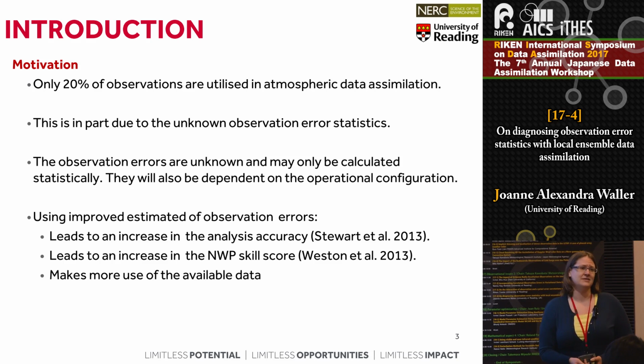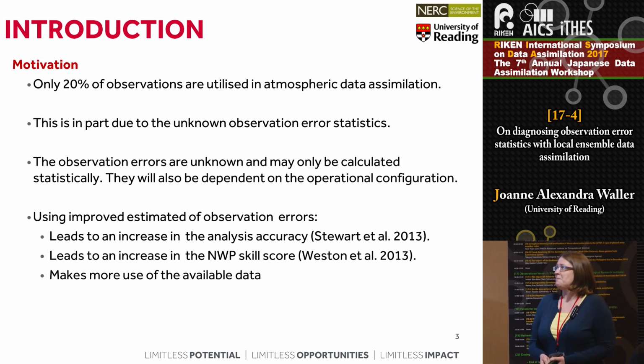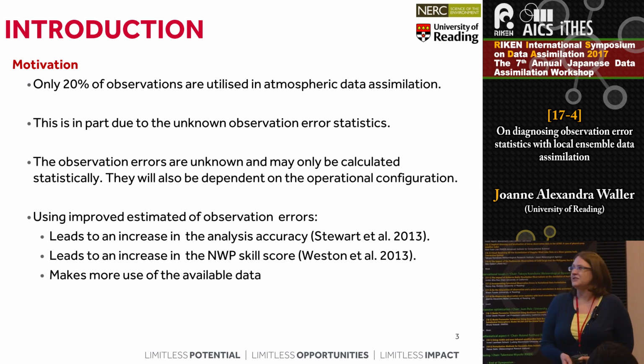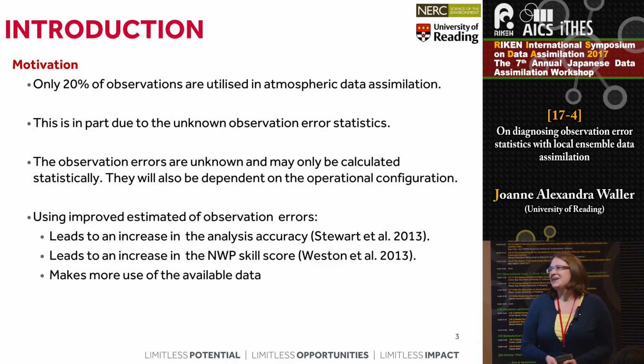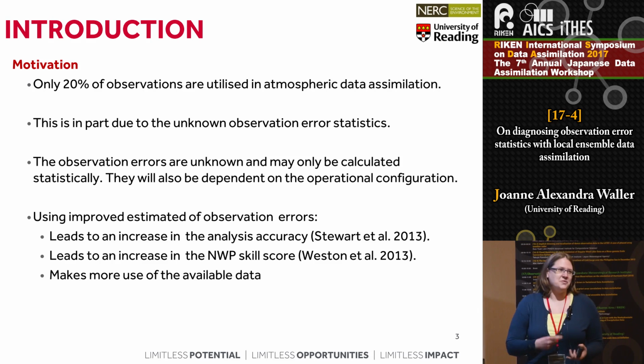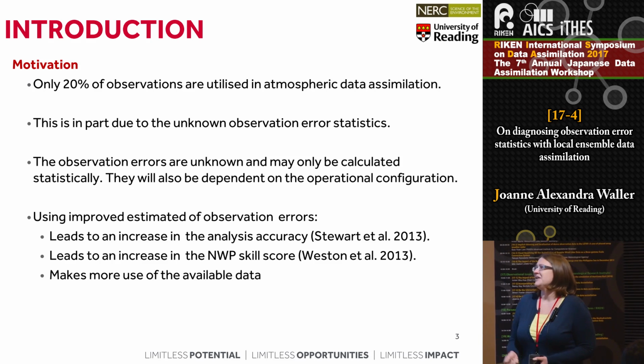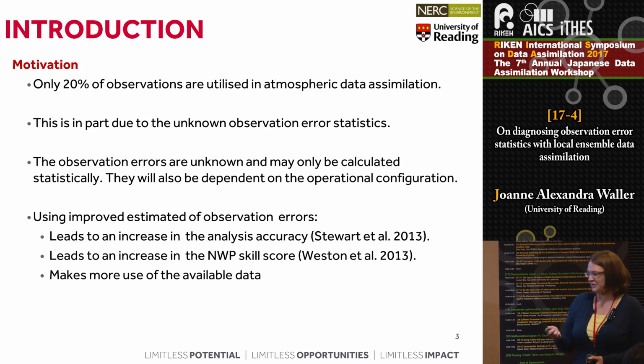But they will be dependent on your operational configuration. So the representation error that's been mentioned is going to depend very strongly on the resolution of your model. So we can't just do a one-off estimate for radar and use it everywhere. And we've heard that using these errors can lead to improvement.